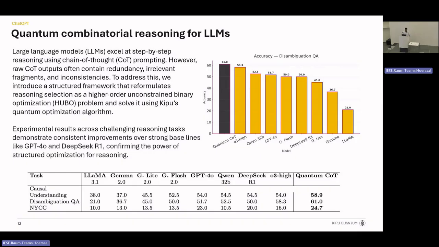You can even find the reasons that were followed. It's called chain of thought. The optimal choice of reasons to arrive at a correct solution is a problem that can be formulated as an optimization problem, and especially as a higher order unconstrained binary optimization.